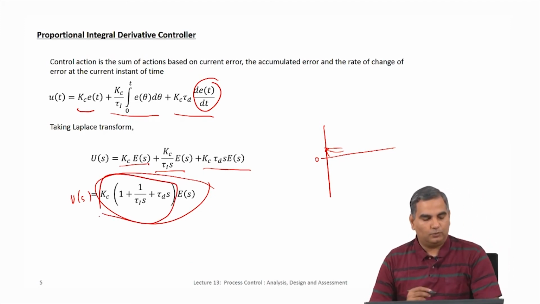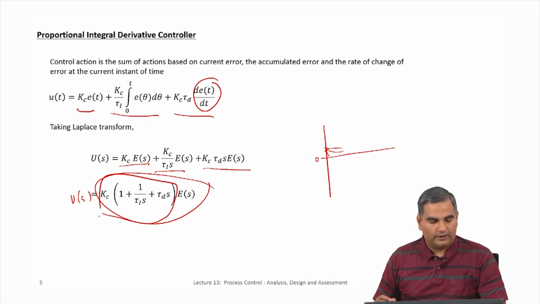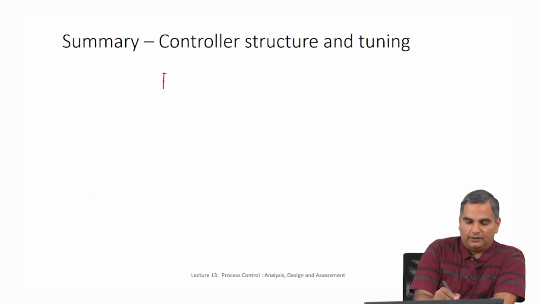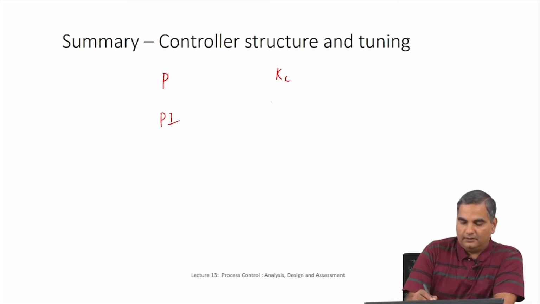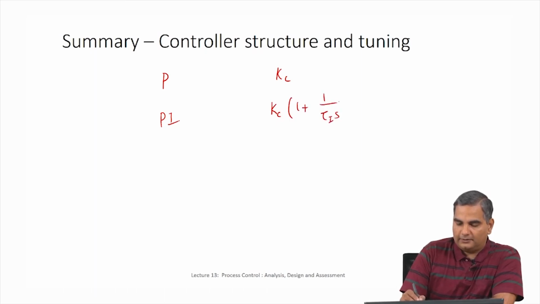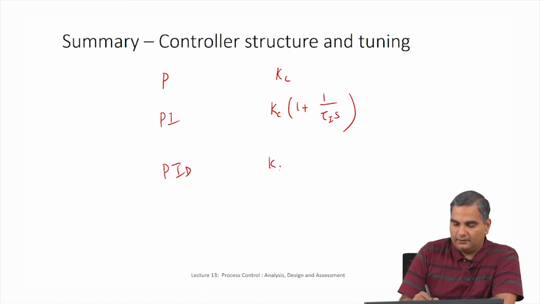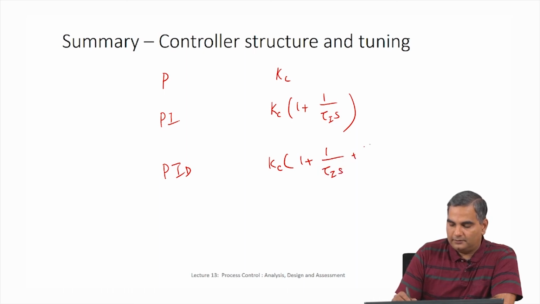So, Kc times 1 plus 1 over tau is plus tau ds. Okay. So, in summary, the P controller is simply Kc, PI is Kc into 1 plus 1 by tau is, and PID is Kc into 1 plus 1 over tau is plus tau ds.